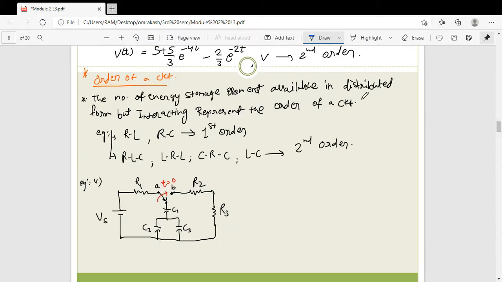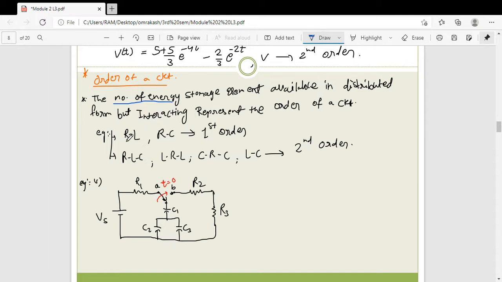See here, there are some more points. Order of circuit: how to identify the order of a circuit? Order of circuit is nothing but the number of energy storing elements available in distributed form, right? So see how many elements are present in the circuit. By observing that, you can easily comment whether the circuit is single order, double order or third order.